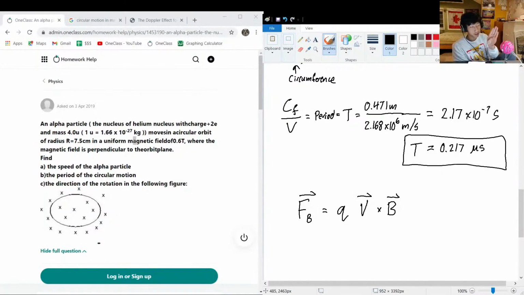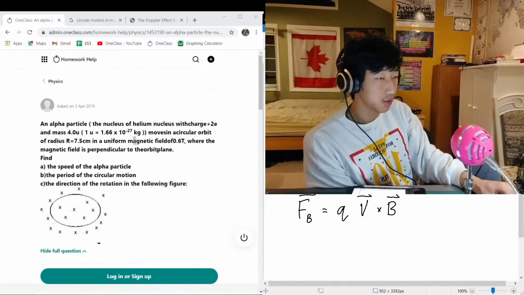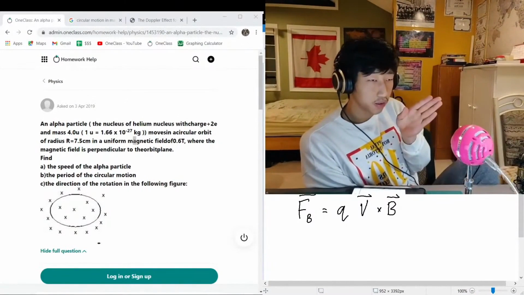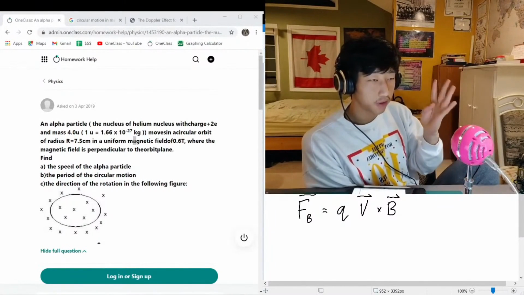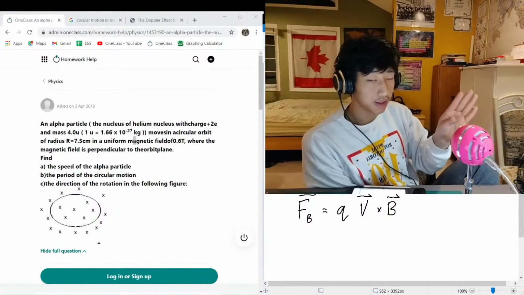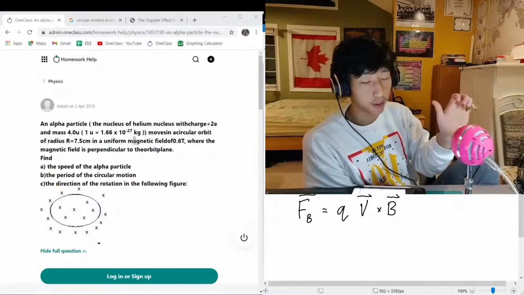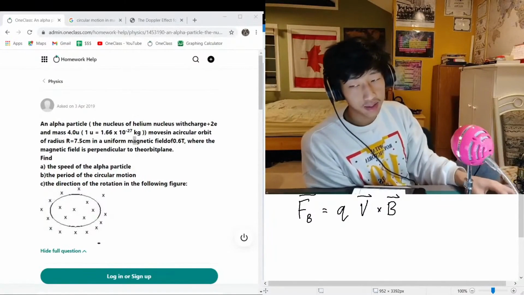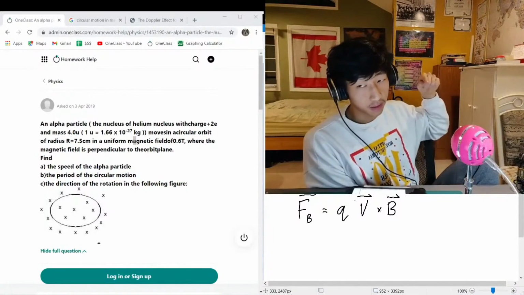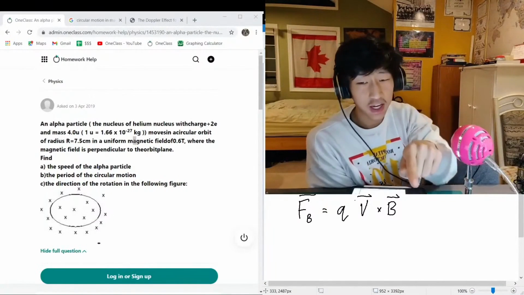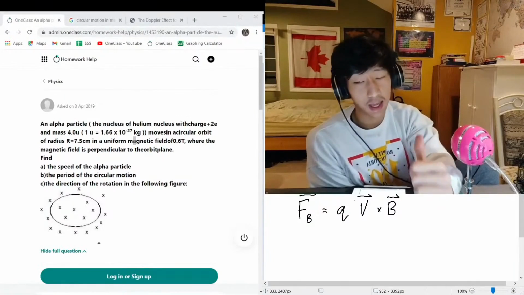Okay, let me make my camera a little bit bigger so we can see what's going on. If we're trying to go counterclockwise on the diagram like this, our fingers would be following V, and our palm is pointing along the B. You see how the X's represent that the magnetic field is going into the page. If they were dots, they would be coming out of the page.